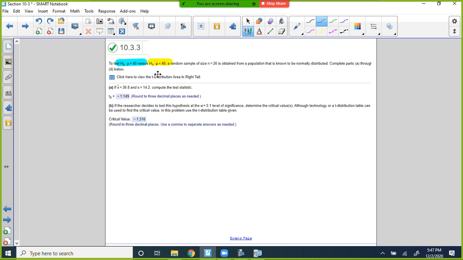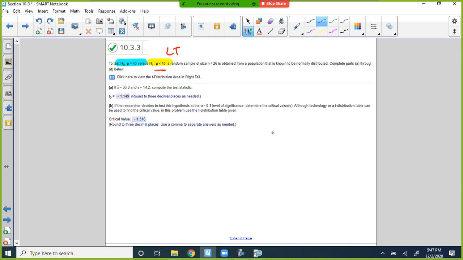Just comparing the alternative hypothesis, would it be two-tail, right or left? I heard some lefts, and I agree because it says the mean is less than 40, right? You see that? So that would be a left tail.